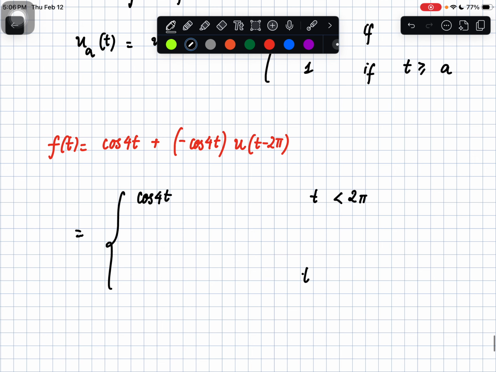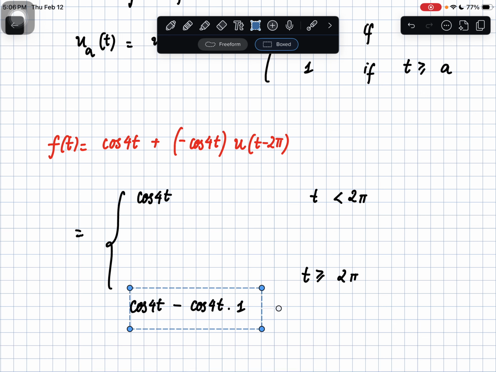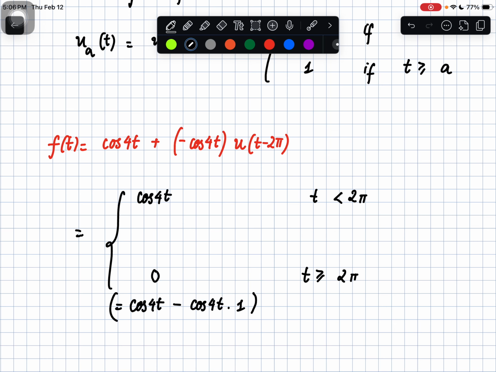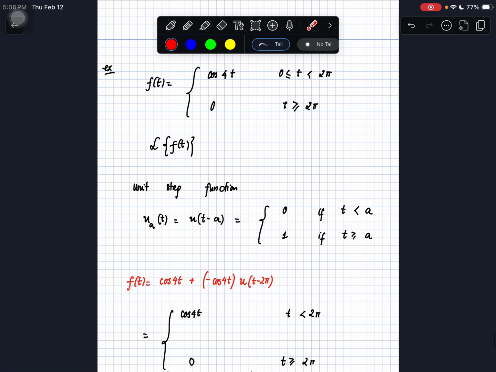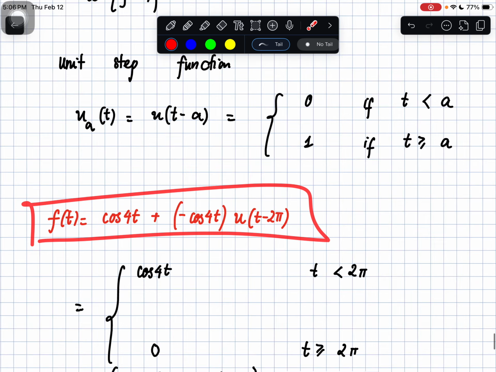When t is at least 2π, cos(4t) is still there, minus cos(4t) times 1, which is 0. So that's why we have the function f(t), and now we have the one formula which we can use.